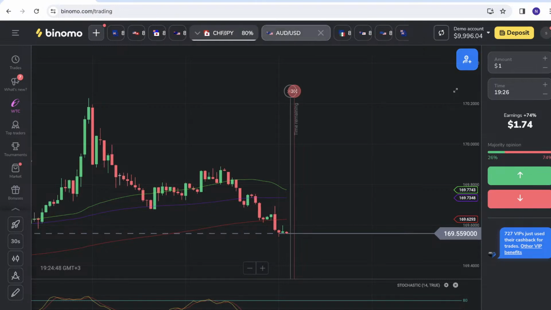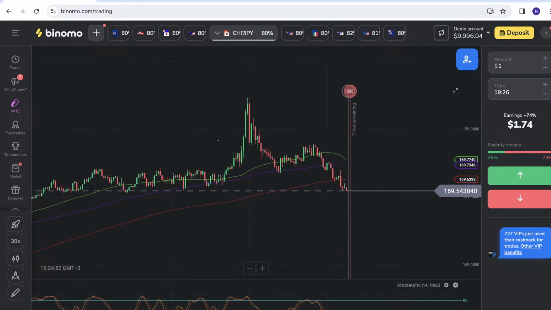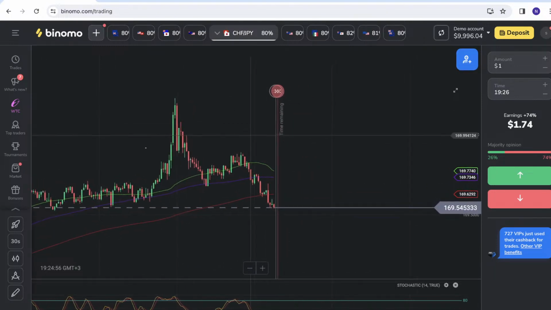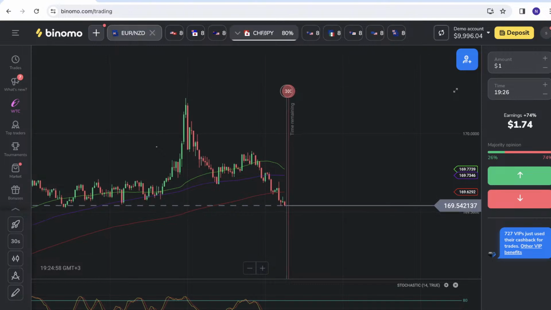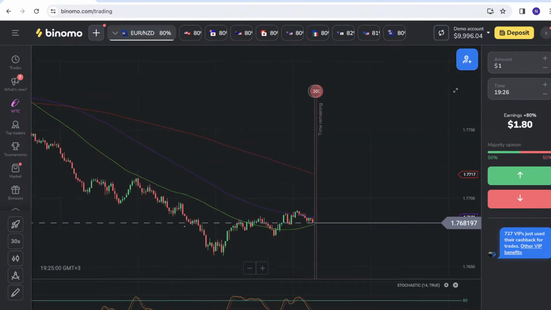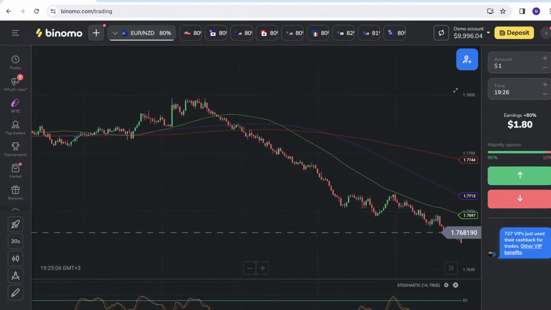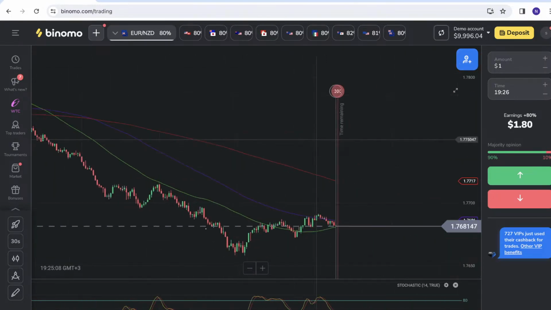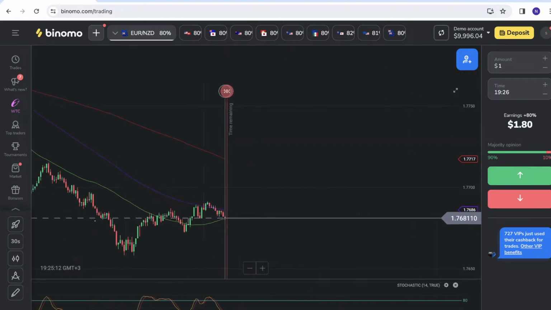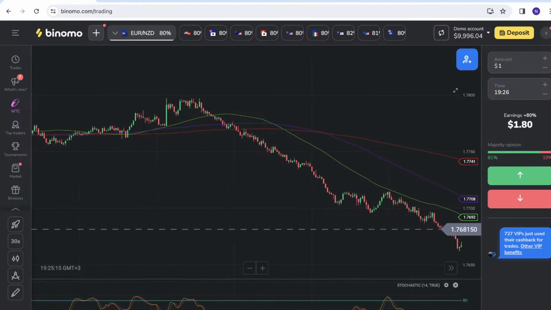Also, dear traders, I can't understand what's going on in the financial markets, because if we look at the euro, I think it strongly lost its price. Maybe some news was released on the economic calendar, because I can't understand why it was moving so strongly.